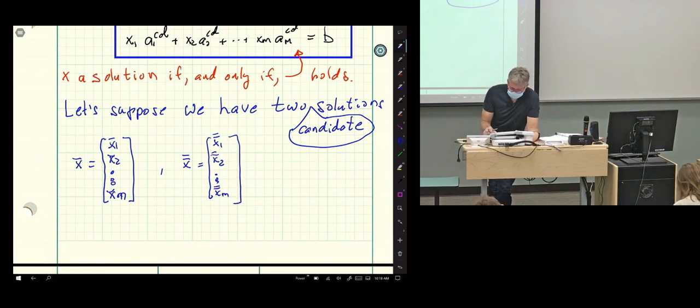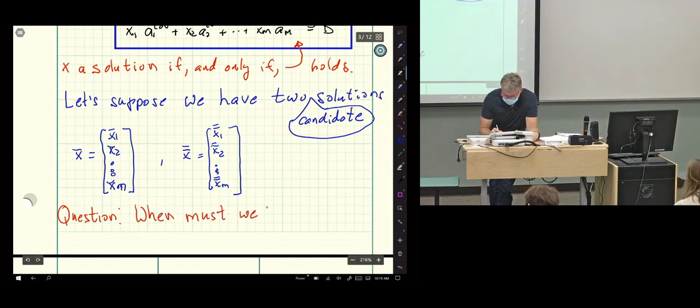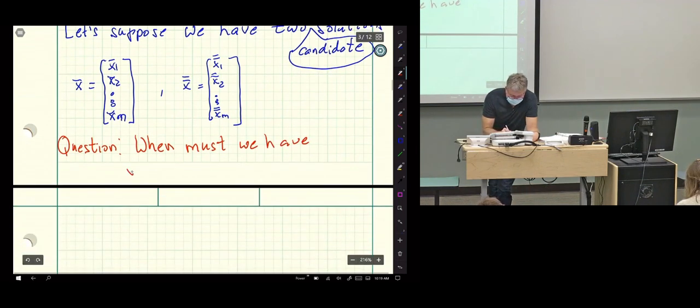Two very ugly solutions. And the question is: when must we have X bar equals X double bar, which of course is uniqueness.